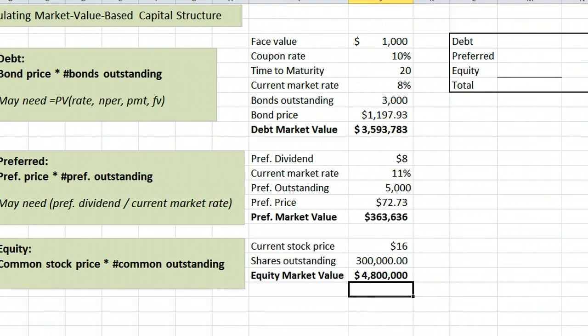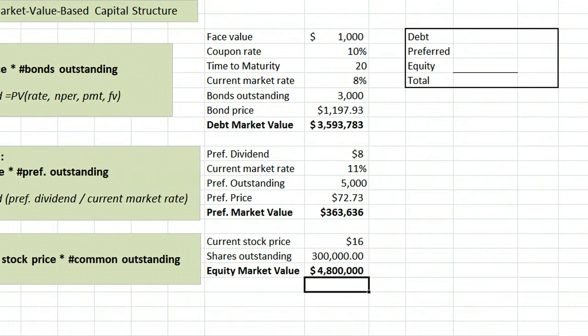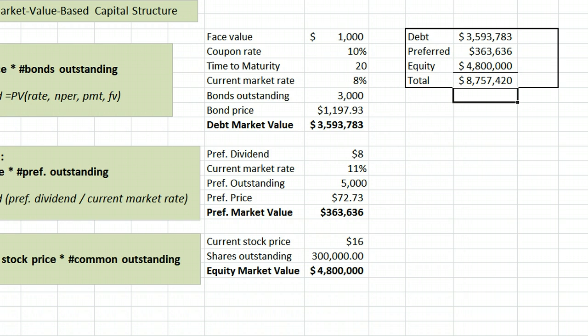Next, going to move over a little bit here. We're just going to take these values and put them all together: the debt, the preferred, and the equity. We are going to total them, find out our total amount of capital, 8.7 million, and we just now need to find percents.